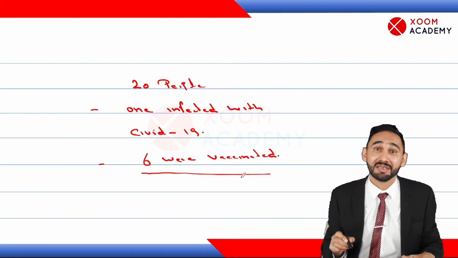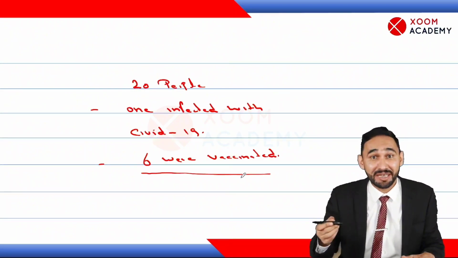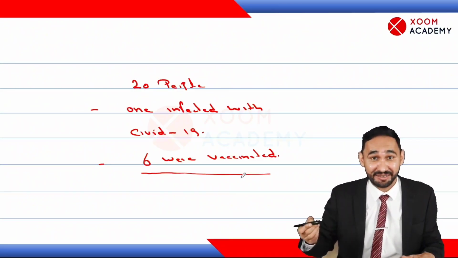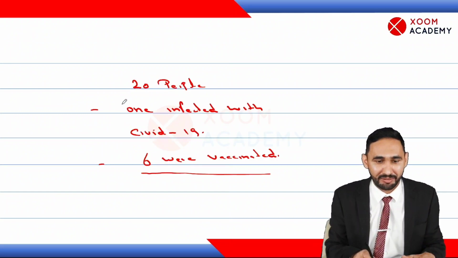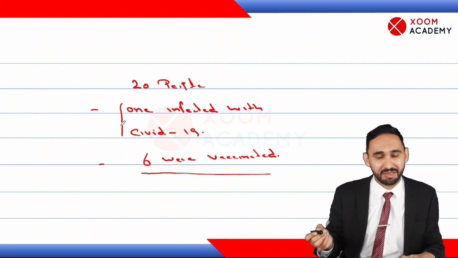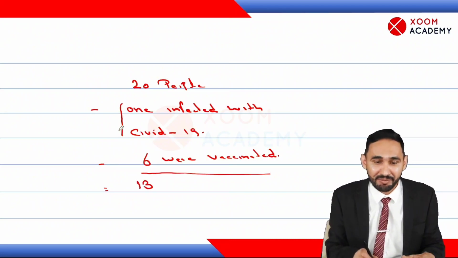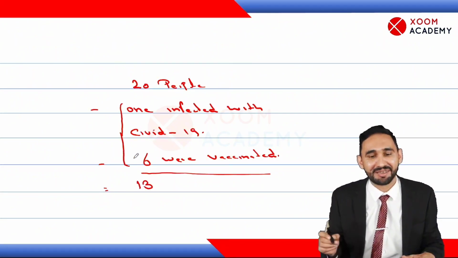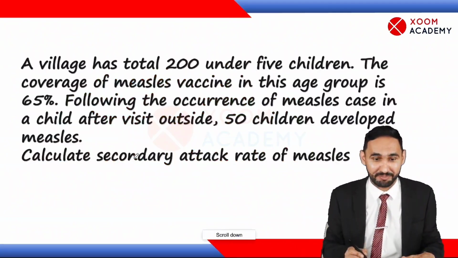Always subtract those who are vaccinated, they are not at risk. Don't make the mistake of adding them to the total population. No, we have to take those who are susceptible. The other one who is diseased, who is already suffering from coronavirus, is also subtracted. So total susceptible people will be 13. We subtract 7 because one is suffering from coronavirus and 6 are vaccinated. Secondary attack rate is calculated among them.